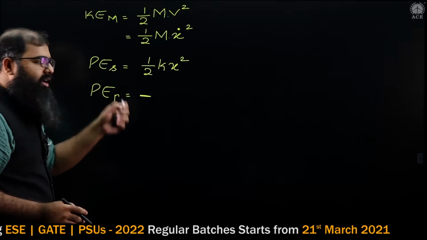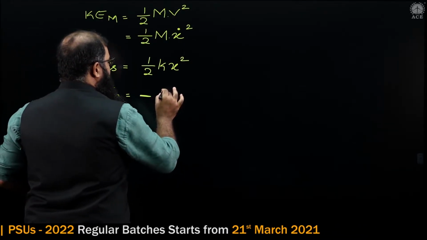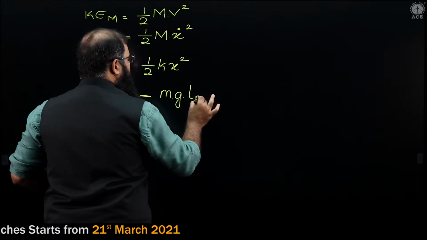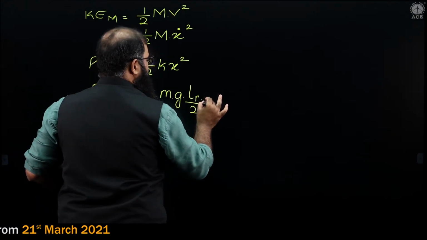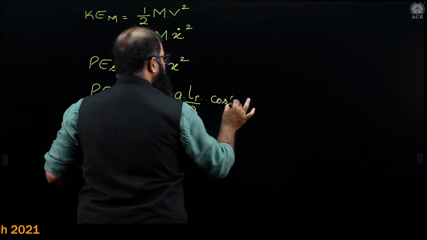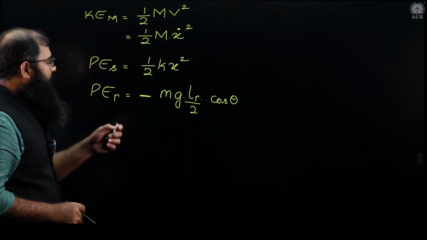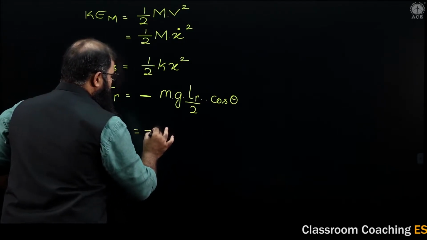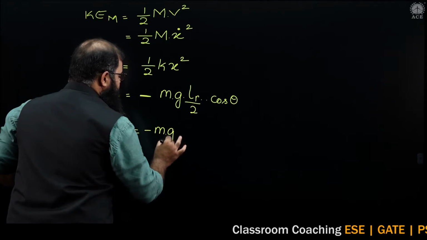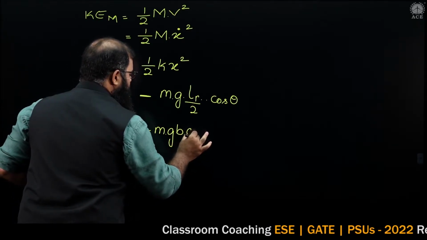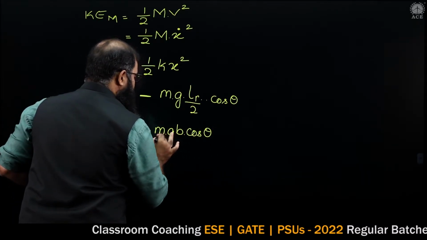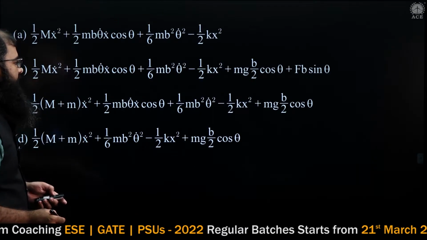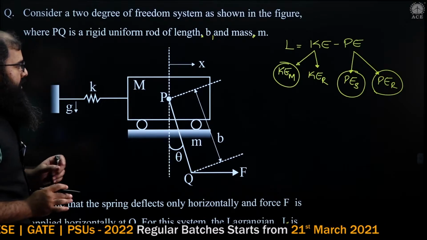Since it is a uniformly distributed load, I'm going to have m g into length of rod by 2 into cos theta. Now, length of rod is equal to b, therefore this has to be equal to minus m g b cos theta divided by 2. These 3 things are done with.